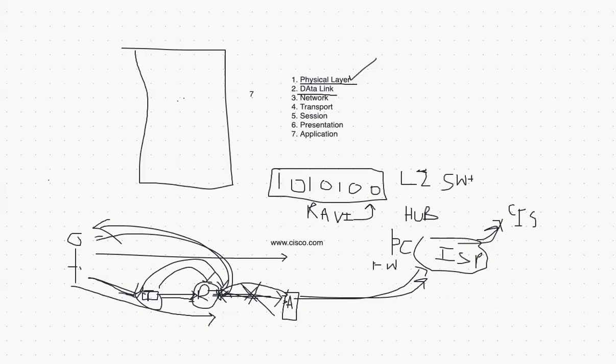So every bit that this person is going to send will be converted into ones and zeros, and every device has to forward the data until it goes to cisco.com.